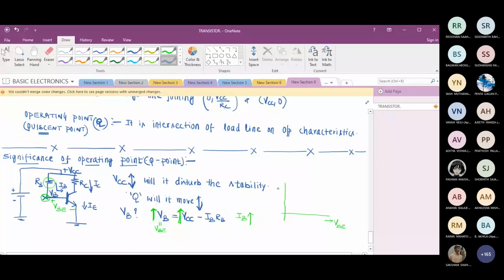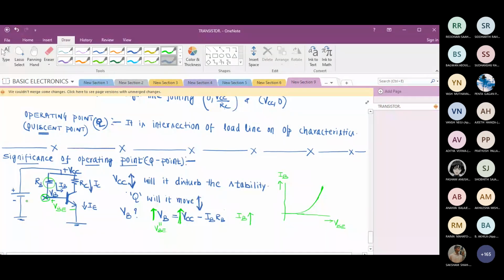Do we know the input characteristics of the transistor? Is it like this? Exponentially it rises? Yes or no? Yes, sir. So if the VBE value changes, will the current rise? Yes, sir. So you find the base current changes.